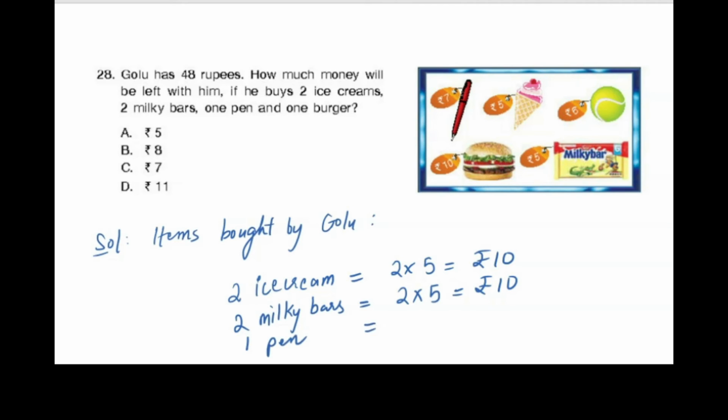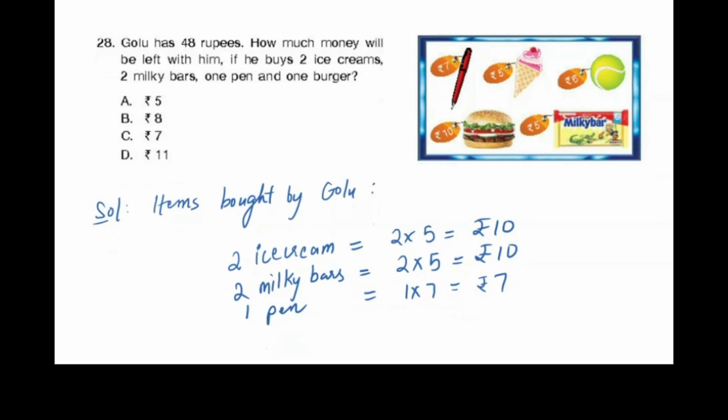Then he has bought 1 pen. What's the cost of 1 pen? 1 times 7, that means 7 rupees he has to give. And lastly he has bought 1 burger. 1 burger cost rupees 10. So it will be 1 times 10 will again be rupees 10.